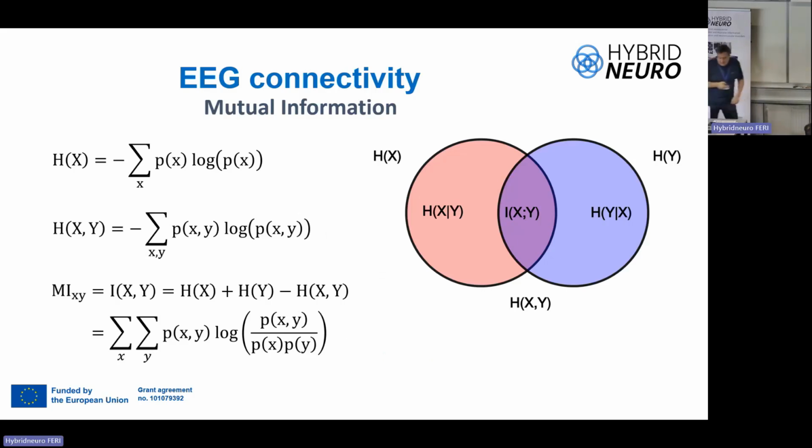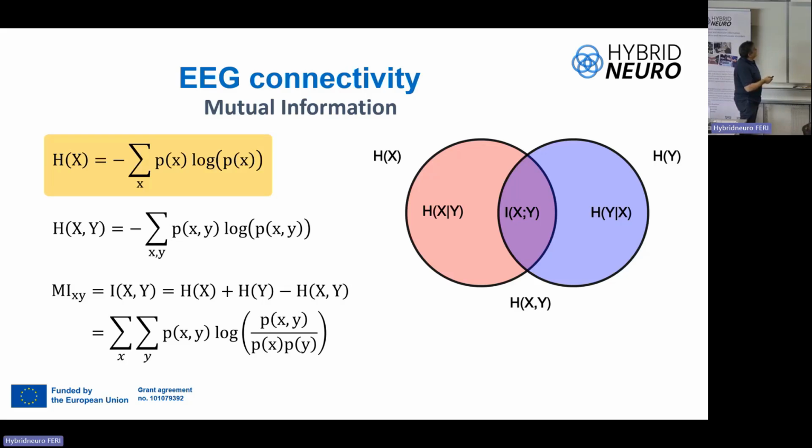Another technique is the mutual information, which we have used several times. This is in the information theory domain, related to the Shannon entropy. We have two signals, X and Y, and the Shannon entropy gives the amount of information in one signal and the amount of information in the second signal.